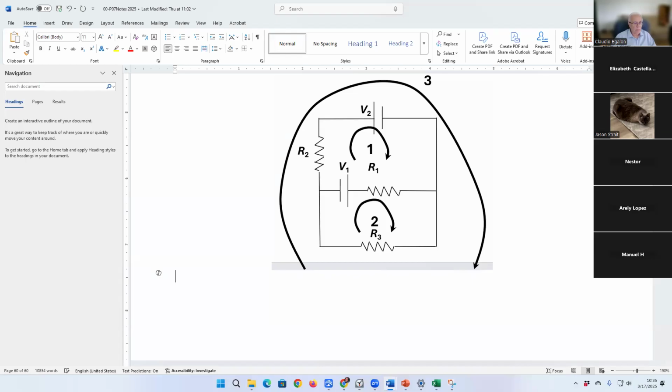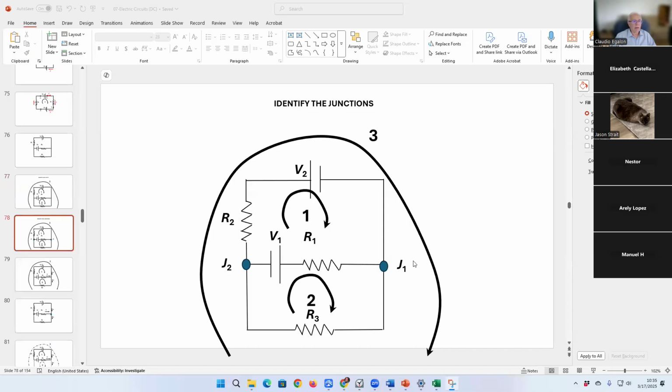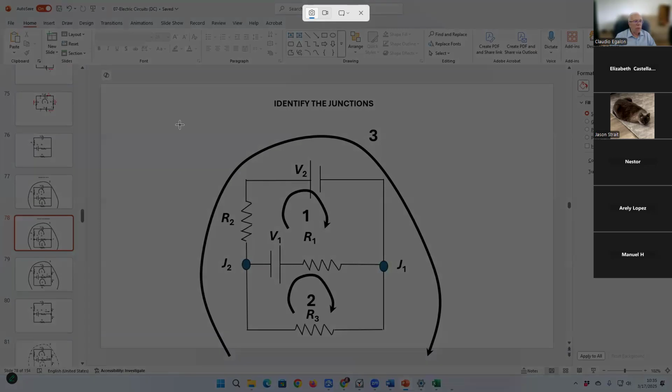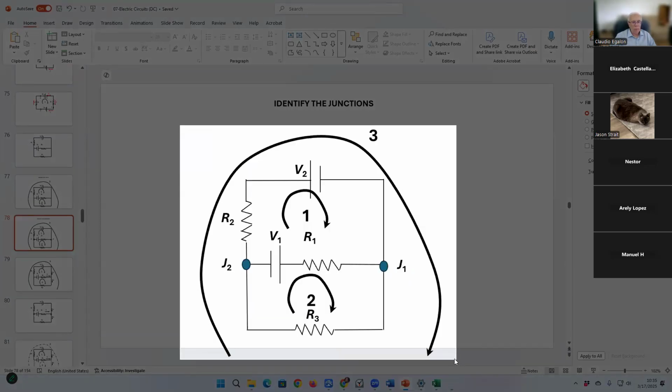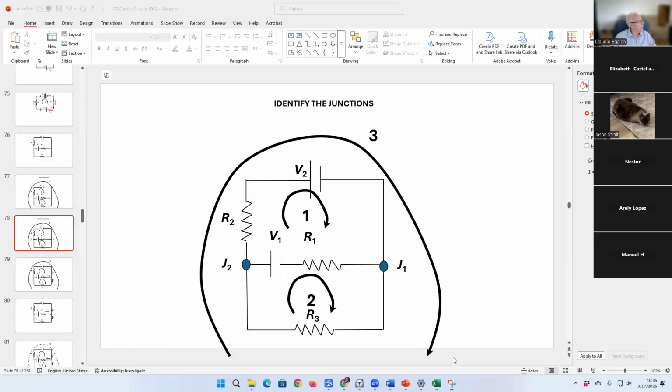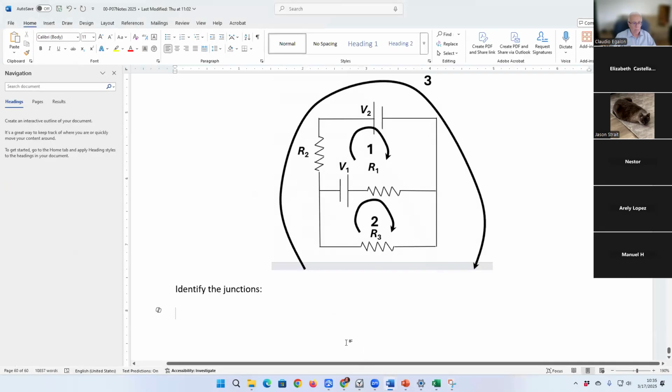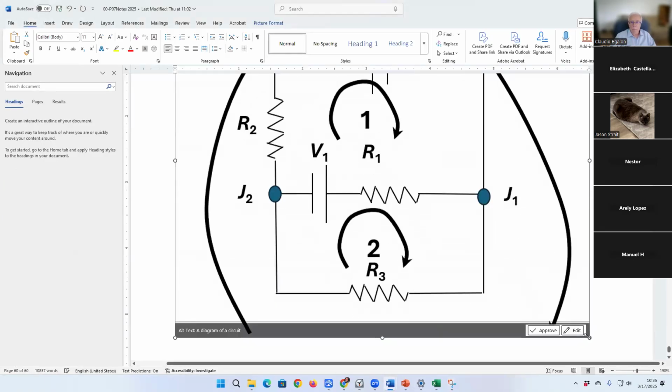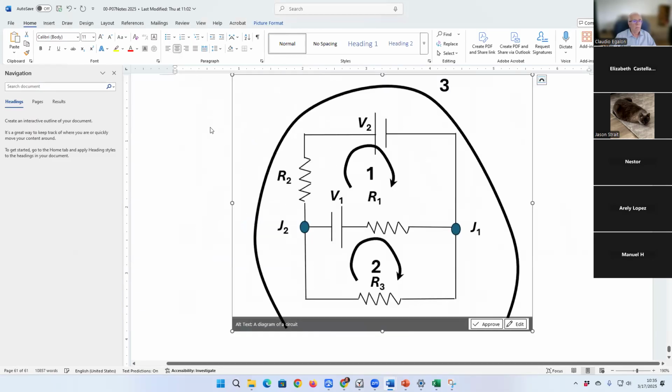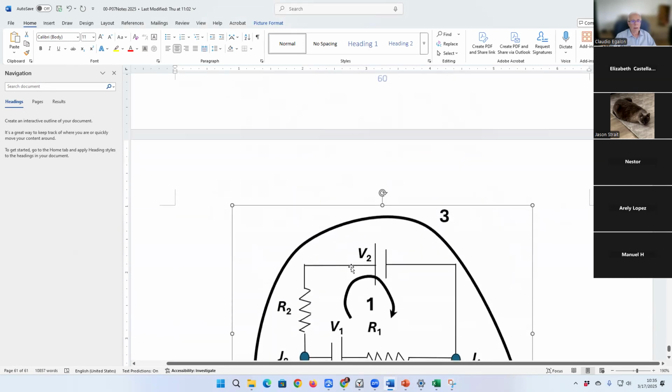Identify the junctions. That's the next slide: J1 and J2.